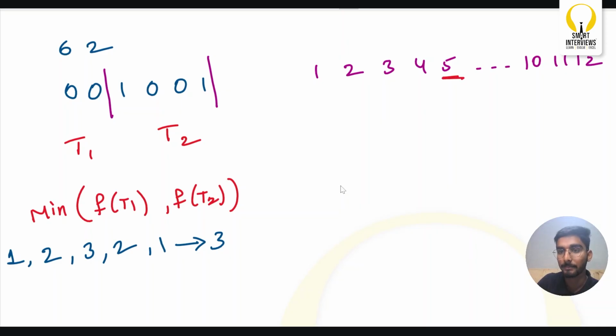If I can say my answer is 5, definitely this can never be my answer, right? And similarly, if 10 is not my answer, if I have a string and I checked it and I got 10 as not possible, then definitely 11, 12, 13, 14, 15 are also not possible.